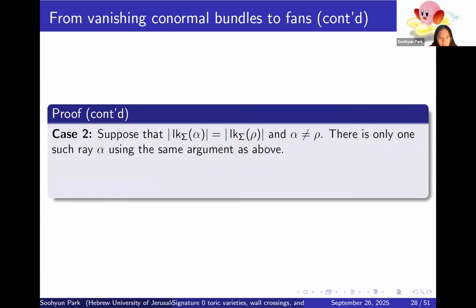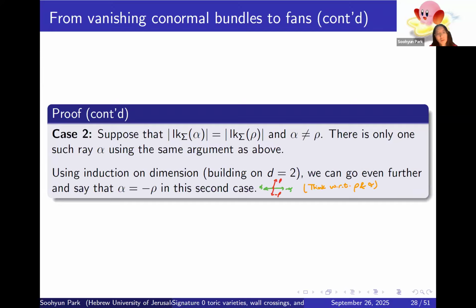Now, if it is equal, then alpha is not equal to rho, so it has to be on the other side. And the same reasoning also implies that alpha is the only thing on the other side. And repeating this for all the rays on the link of rho, because every ray, because of the first case, is either rho or something in the link of rho, we end up with just a bunch of suspensions, at least combinatorially.